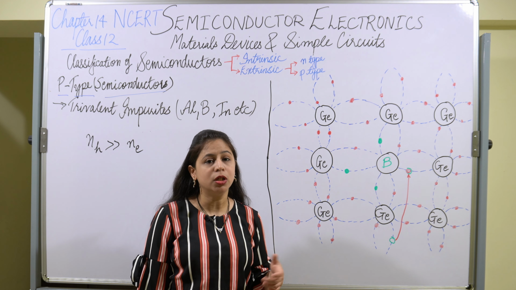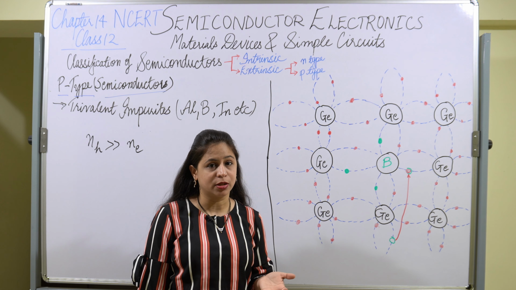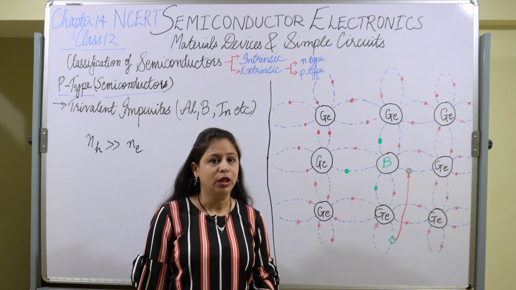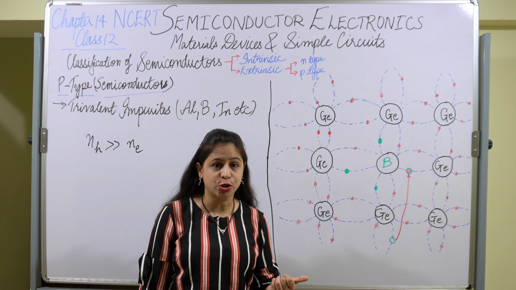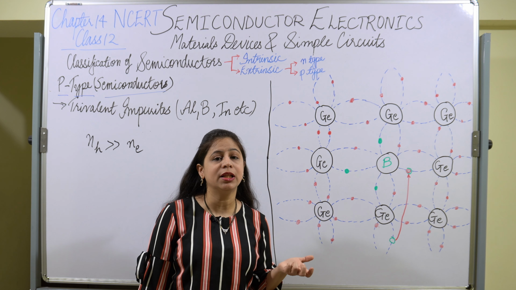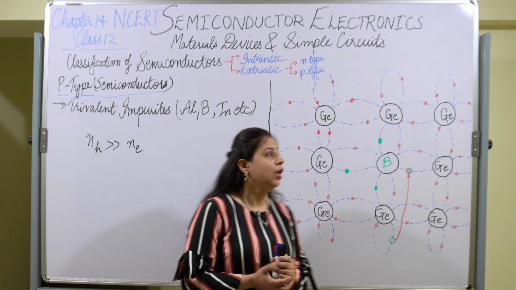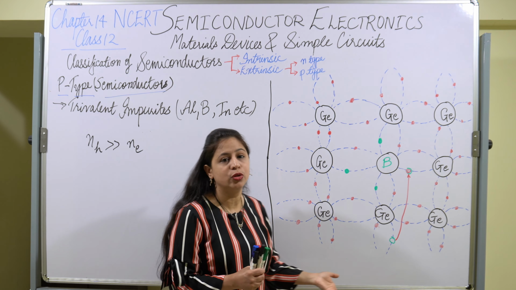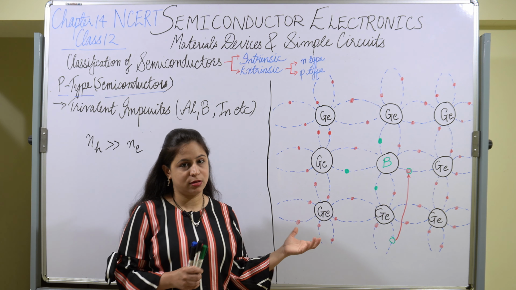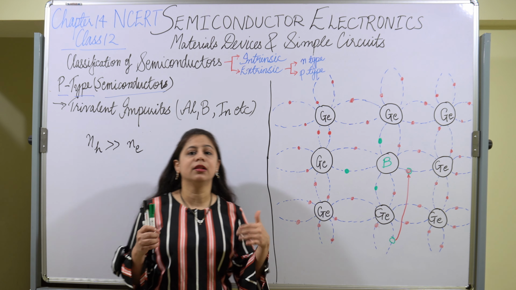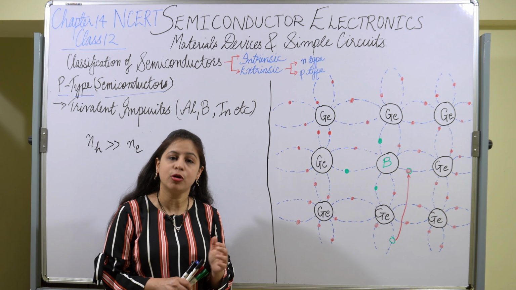In the n-type semiconductor, the concentration of electrons was greater. In the p-type semiconductor, the concentration of holes is greater. So the conduction is mainly through the holes. If we connect this crystal to a battery, the holes start moving toward the negative terminal, and the electrons automatically move toward the positive terminal.